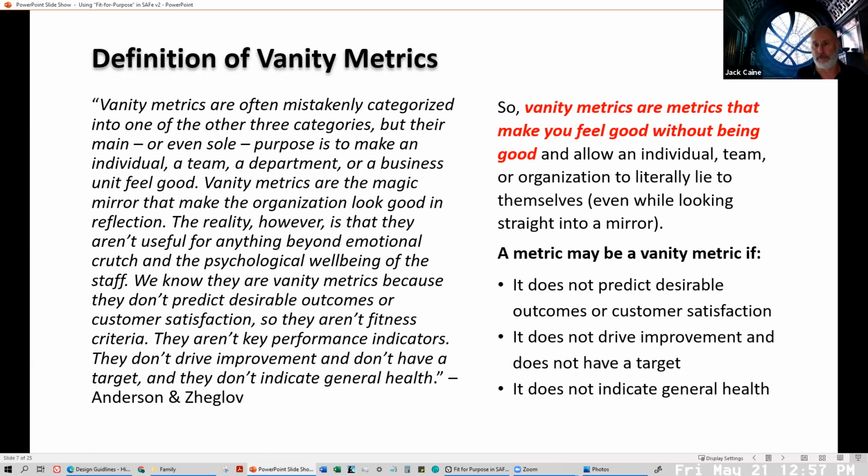That is probably going to be a vanity metric, and I don't care what level of the organization you're talking about. So part of the conversation with people about metrics is, look, this is a vanity metric because of this definition right here. What do we want to do about it?